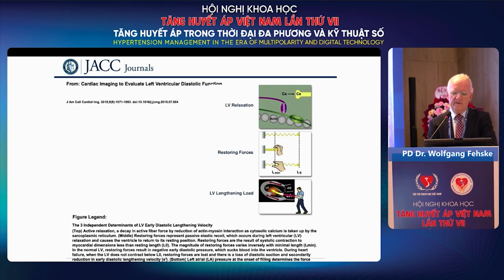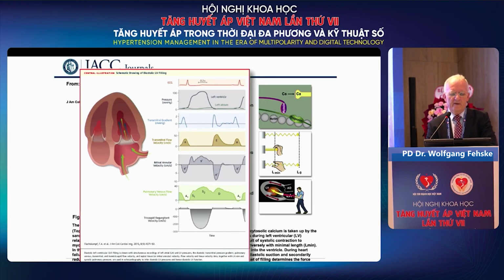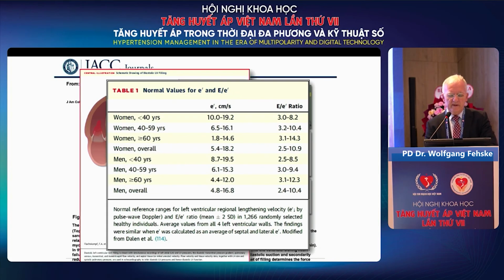So then this is this paper of Flachskampf, and he showed us very nicely that there are different things that could be judged when we are looking in echocardiography for the Doppler and the movements and the velocity time integral and so forth. And this is extremely interesting to see in detail.